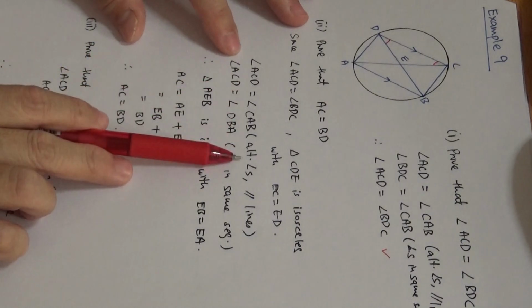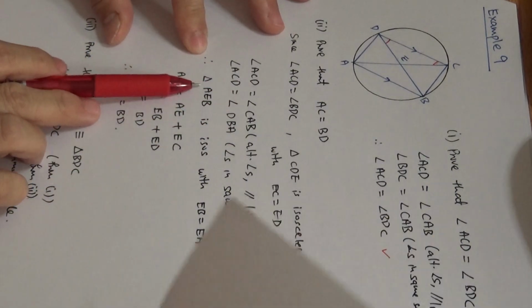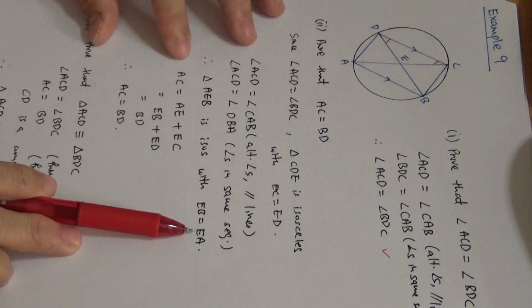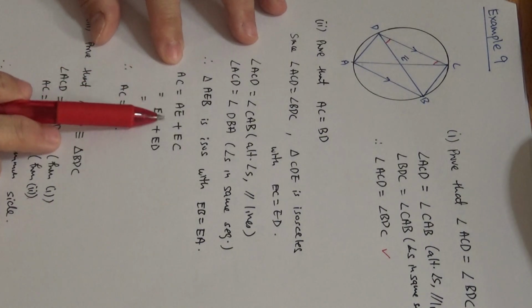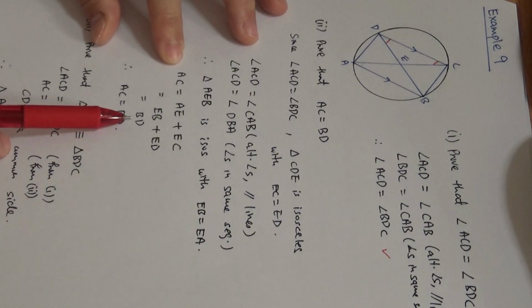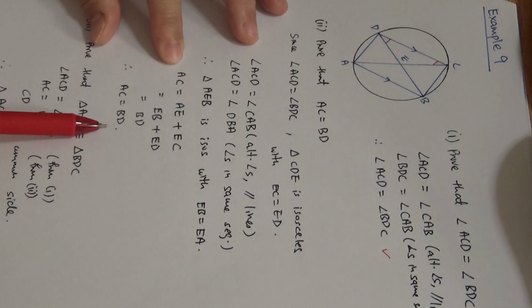Now, then we have alternate angles in the same segment. So, triangle AEB is isosceles with EB equals to EA. We know that EC is this. We plug in the equivalent, which is BD. So we have proven that AC is equals to BD.